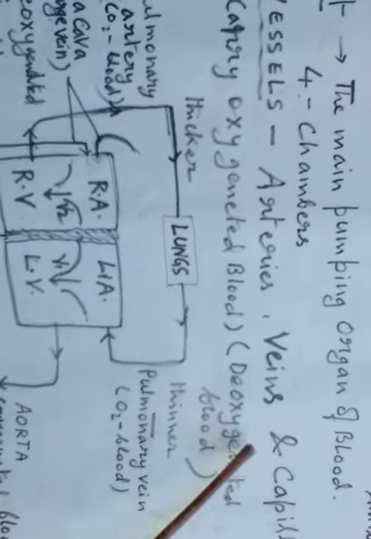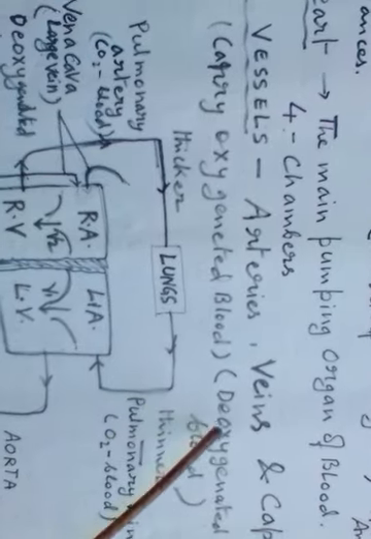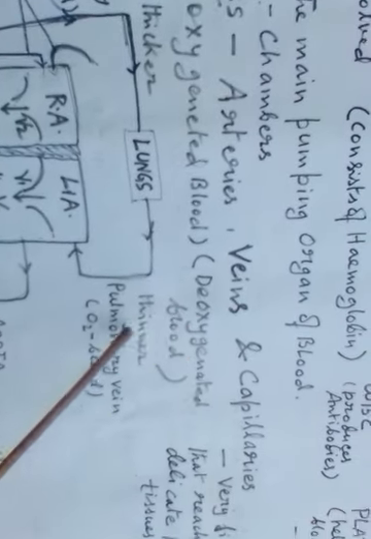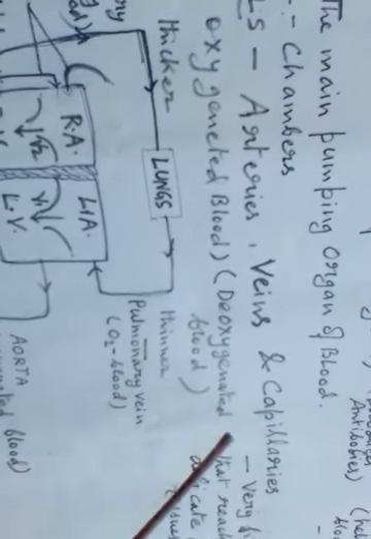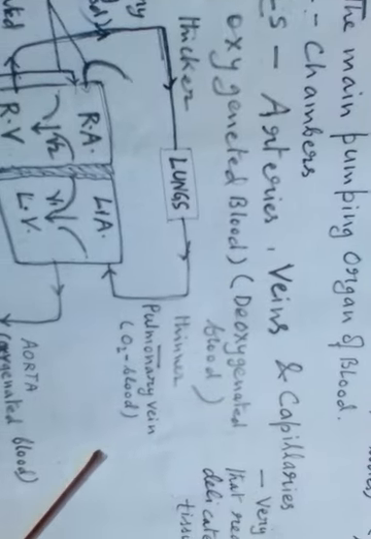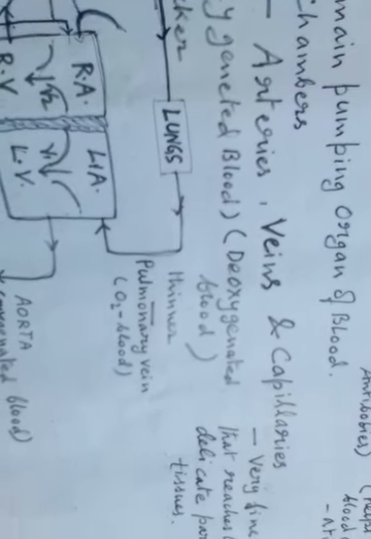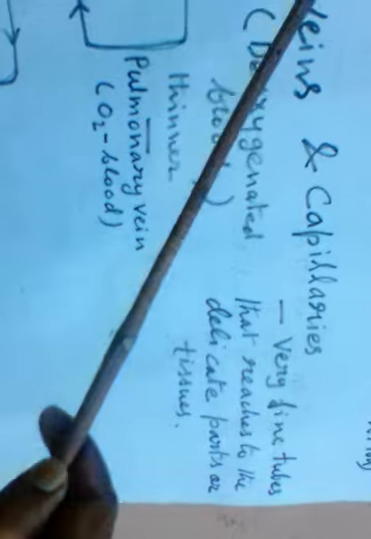That means they carry the blood back to the heart, and therefore they have thinner walls and also contain valves to prevent the backflow of blood. Whereas capillaries are very fine tubes that reach the delicate parts or tissues of the body. So they help the veins and arteries reach delicate parts and carry the products from there.